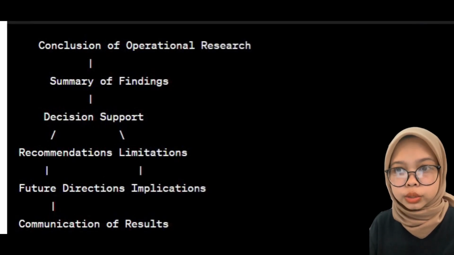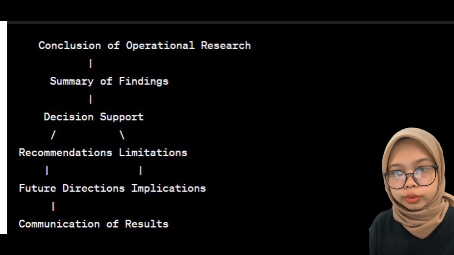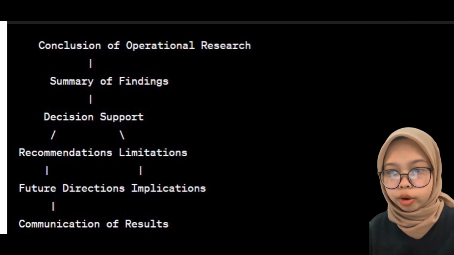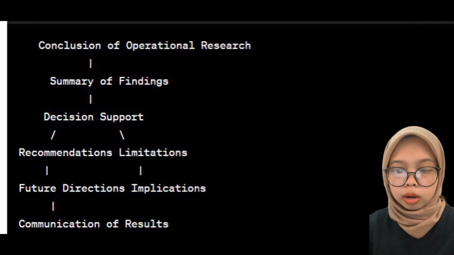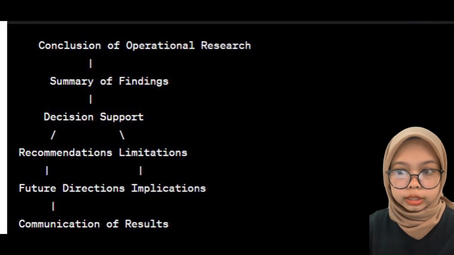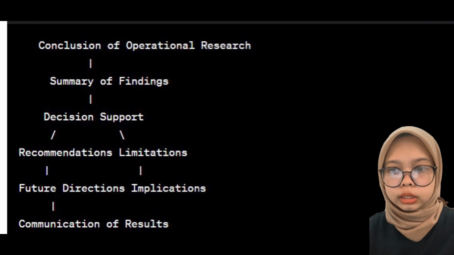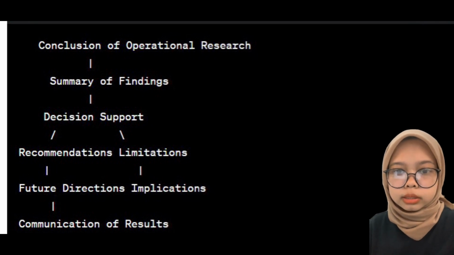Last but not least, for the conclusion of this topic, based on this map, the conclusion is broken down into several components. It begins with a summary of findings, highlighting the main outcome. Decision support is a central theme, branching into recommendations for action and acknowledgement of limitations. Future decisions suggest areas for further exploration, and implications consider the broader impact.